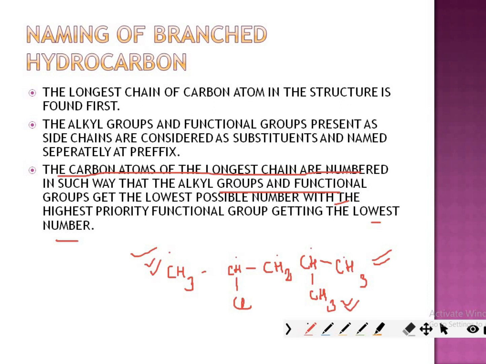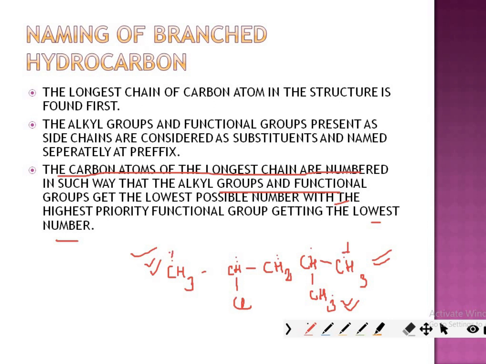And if we go from this chain to this chain, we will see 1, 2, 3, 4 and 5. So it does not matter if I choose this chain or this chain, right? So let me choose this chain.